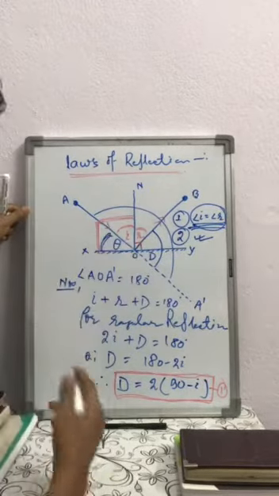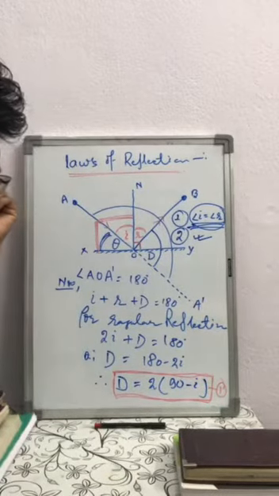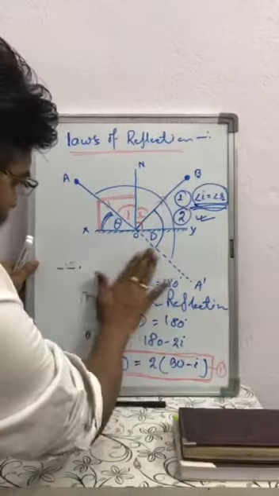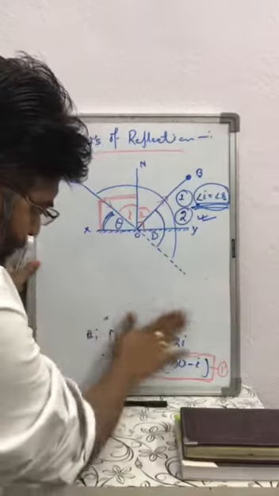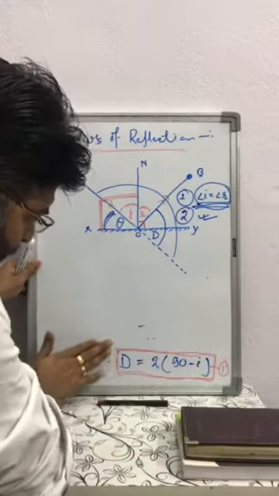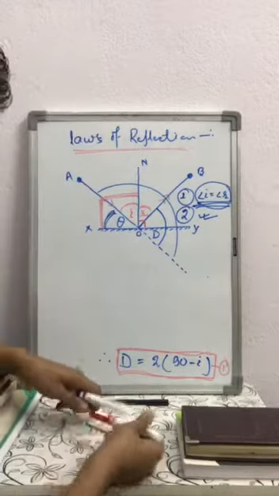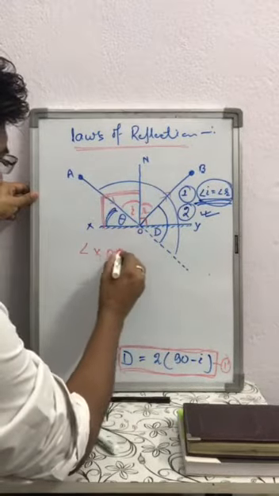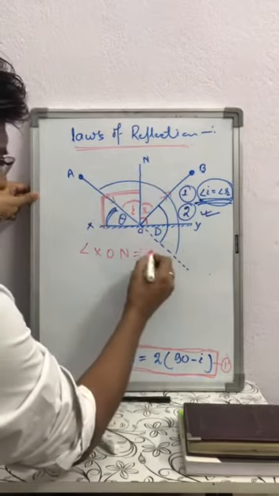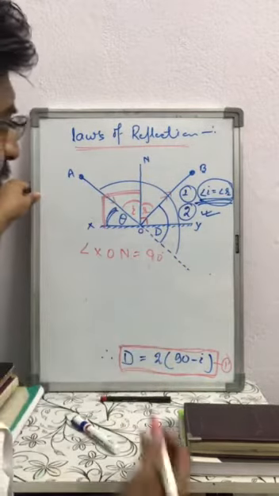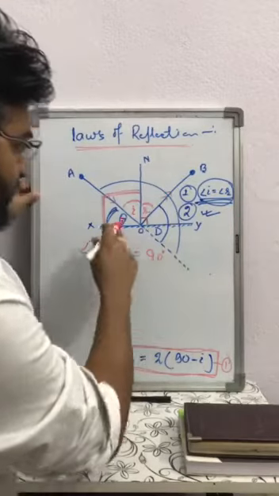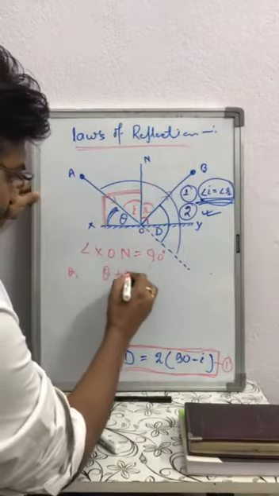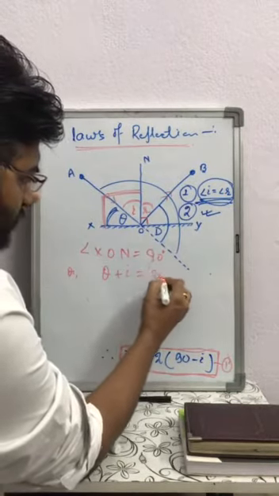This angle is just a perpendicular. Now by solving this we can say angle XON is equal to 90. It is the normal angle made by the normal with the surface. So theta plus I is equal to 90.